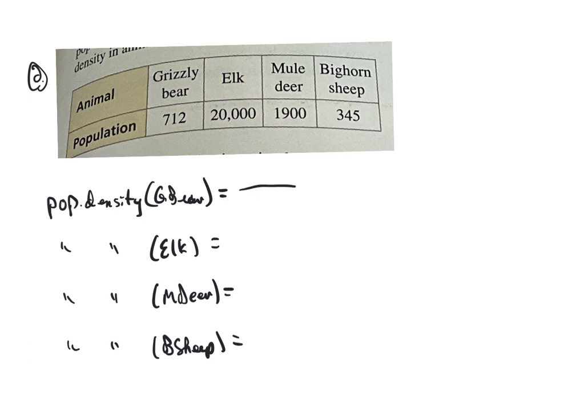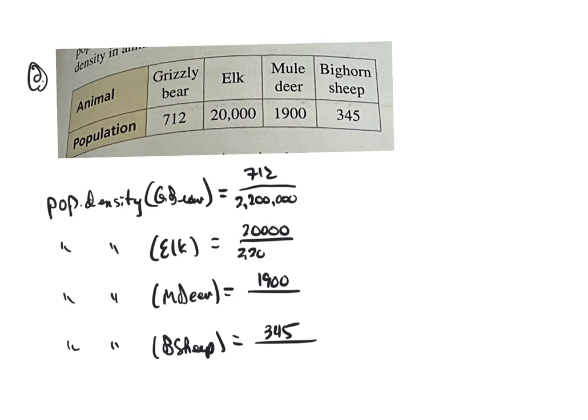So population density, again, is going to be number divided by area. So grizzly bears, there's approximately 712. There's approximately 20,000 elk, 1,900 mule deer, and 345 bighorn sheep. The area given to us in the problem is 2.22 million acres. So 2,200,000 acres.